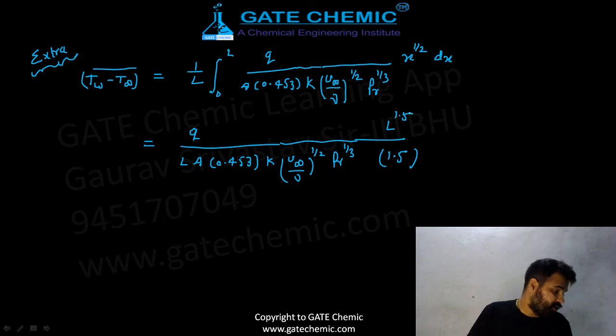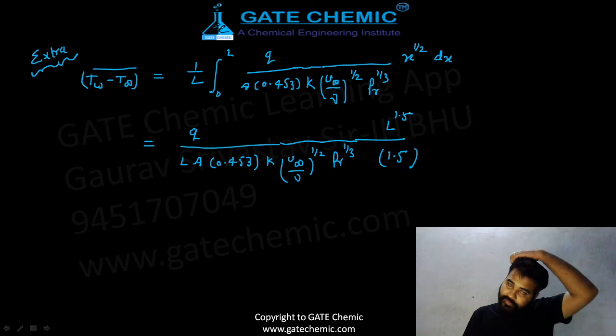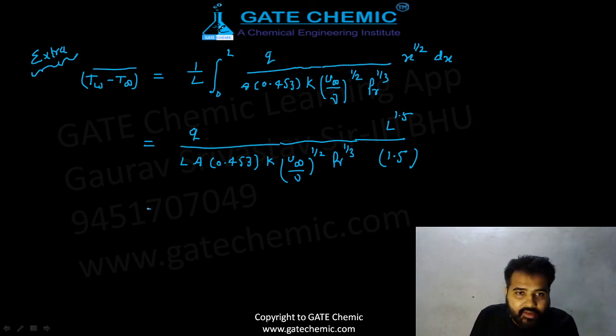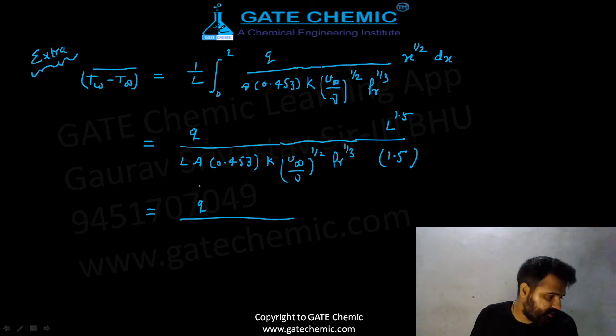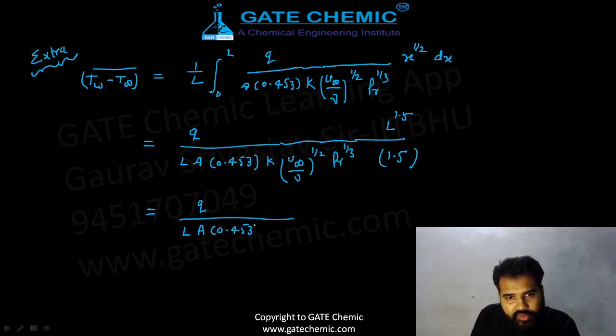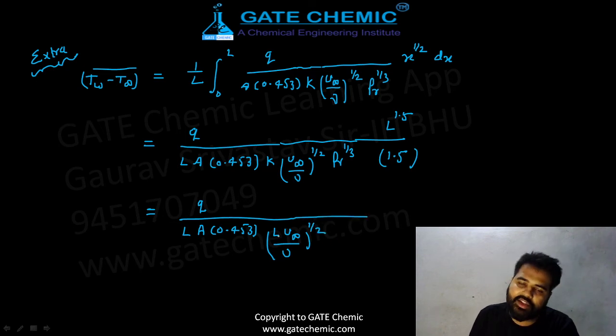Okay. Now in the next line, I want to write it like q by this L as L, keeping it the same, A, 0.453, and I am taking one L here, beta, L u infinite by nu to the power 1 by 2. And if you take L by 1 by 2 below, that means now the numerator becomes L to the power how much, beta, can you tell me? L to the power how much?